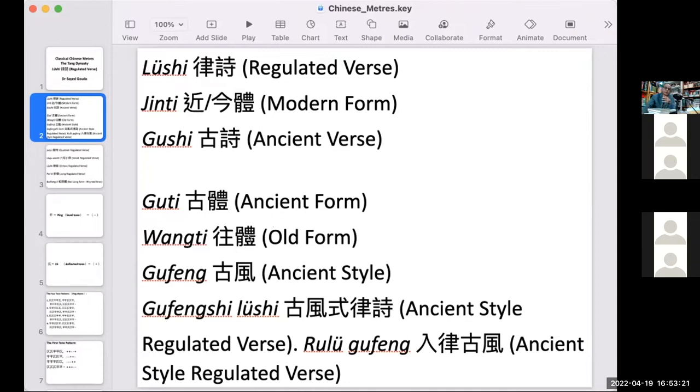You may also refer to it as Gufeng, ancient style, or you say 古风设律诗, meaning mixed ancient style regulated verse. Or you may refer to it as 入律古风. All these names refer to the same thing.